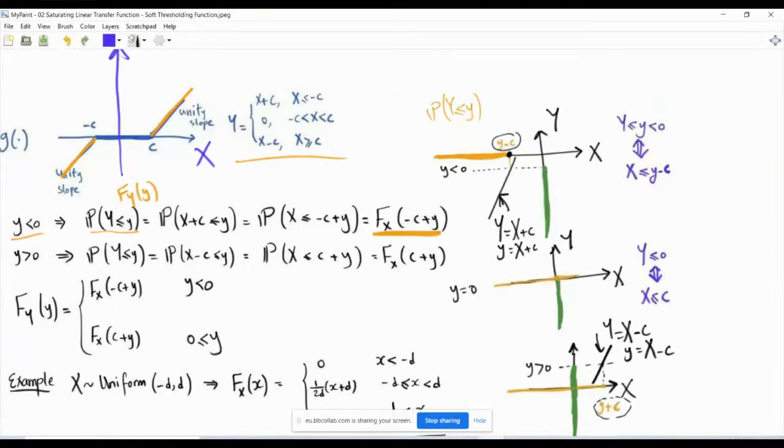So F of Y at 0 is F of X at c. We have equivalence between these two: Y less than or equal to 0 if and only if big X is less than or equal to c. And you get this if you just take this formula and put y equals 0.